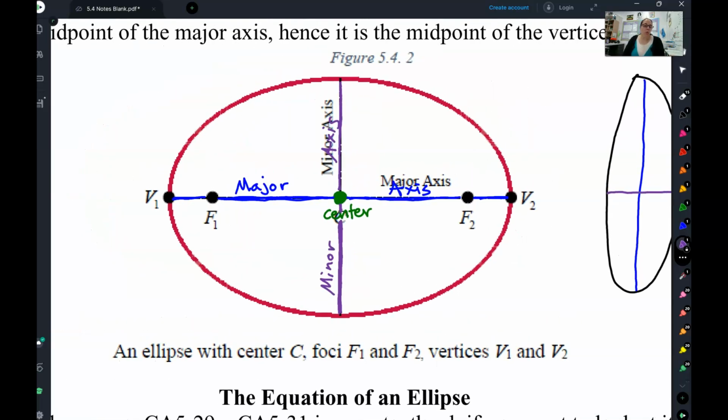Now, the points at the end of these axes also have a name. The points at the end of the major axis are called your vertices, plural of vertex. We have two of them. And the points at the end of your minor axis are called your covertices, plural of covertex.